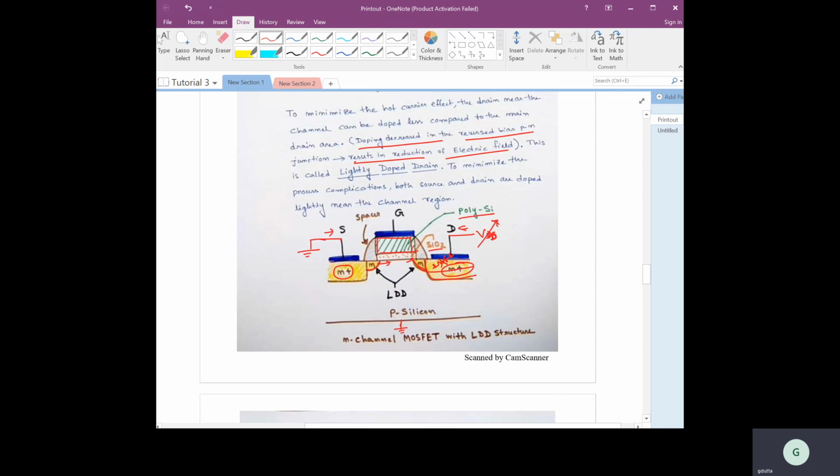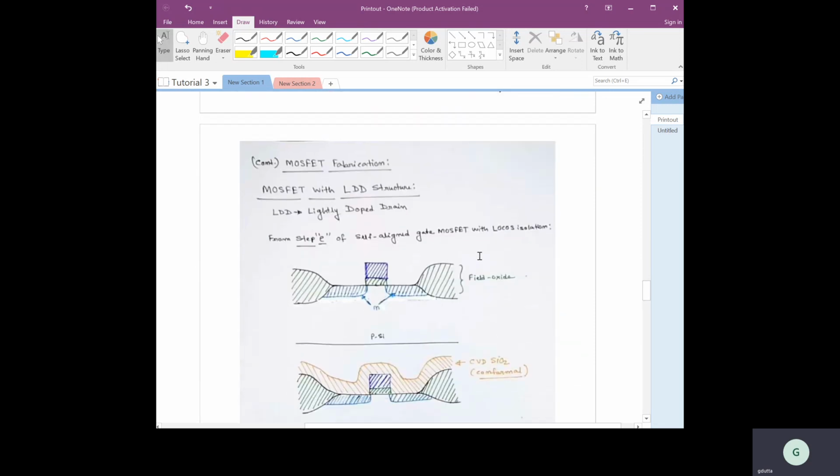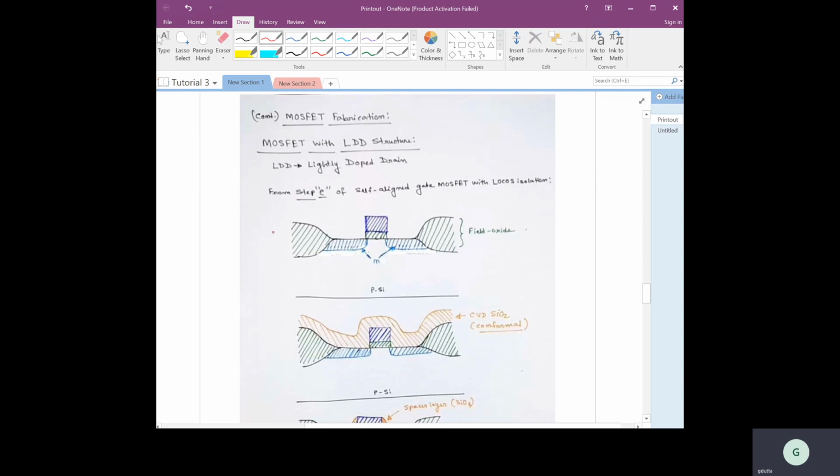Now let us also see how this LDD structure can be made, the fabrication technique. How to fabricate this LDD structure MOSFET? That is not difficult, that is easy. We are starting from the P silicon, right? P silicon was the starting semiconductor. That is number one. But after that, we have just now seen how to make this structure, and then make this N plus region.